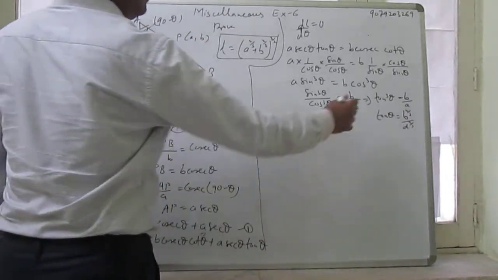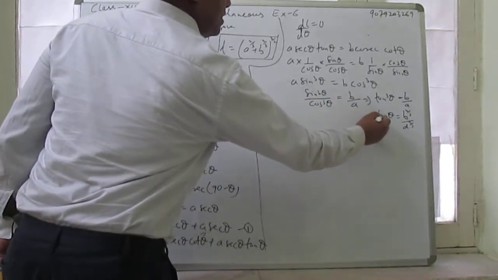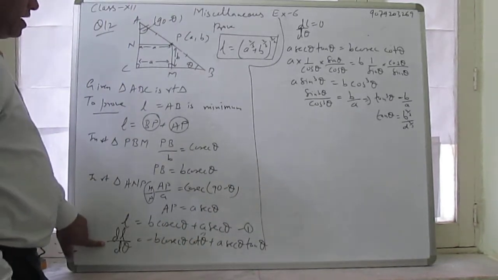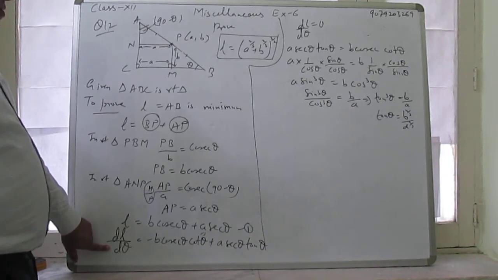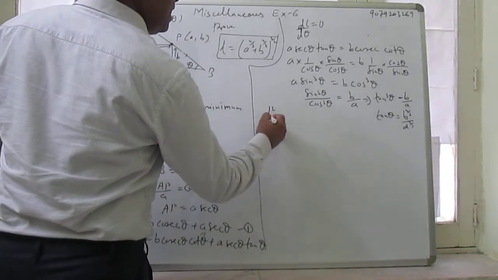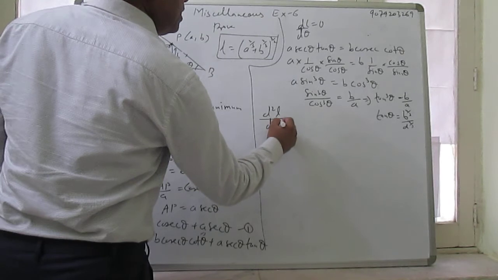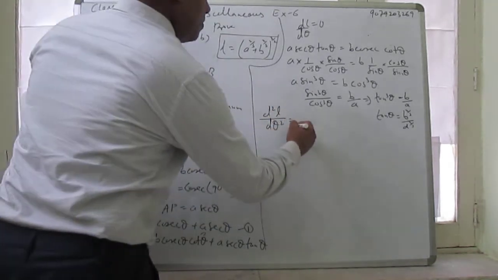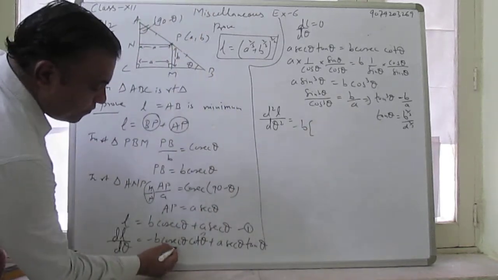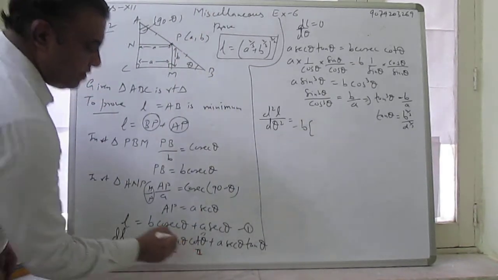Now we have to find the double differentiation, d2L by d theta square, to prove it is minimum. We have to double differentiate. Again we differentiate, d2L by d theta square: take B common. You take the first function and the second function.